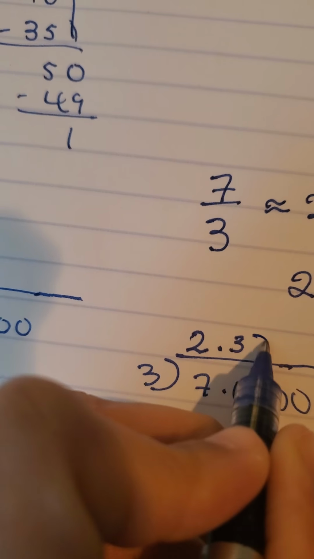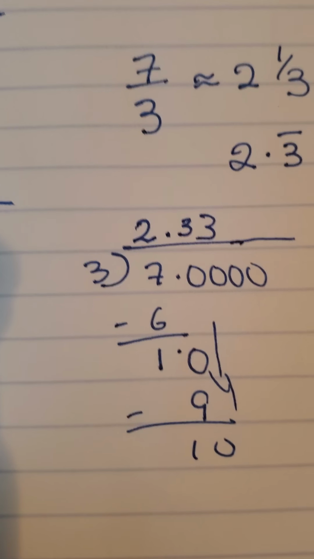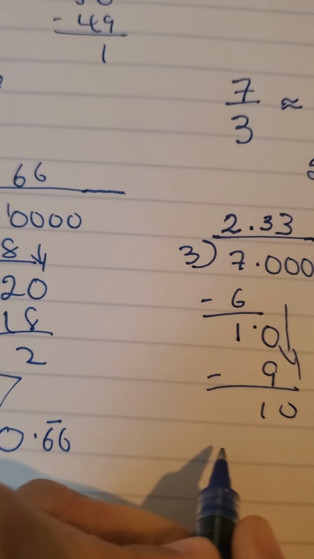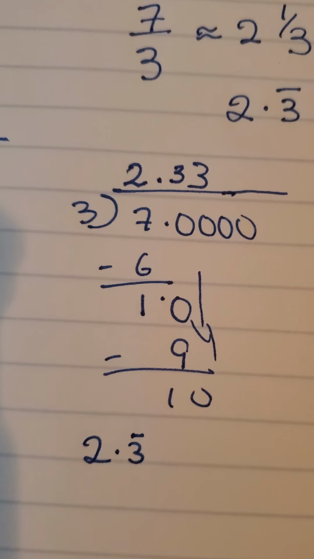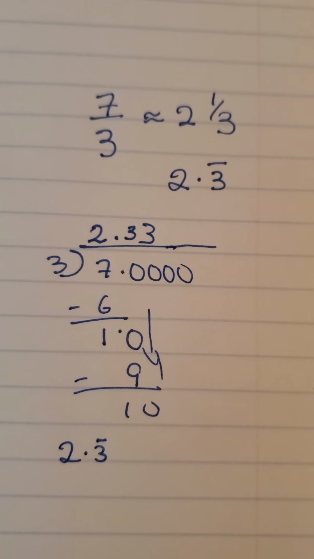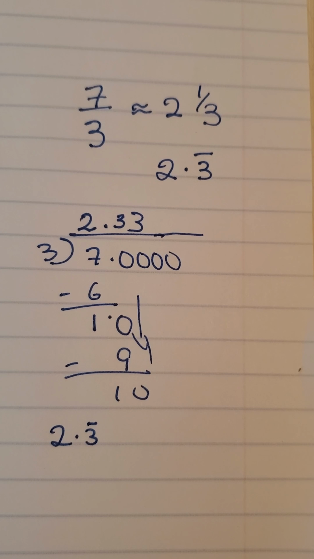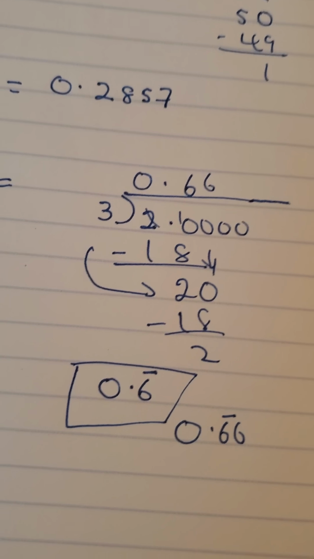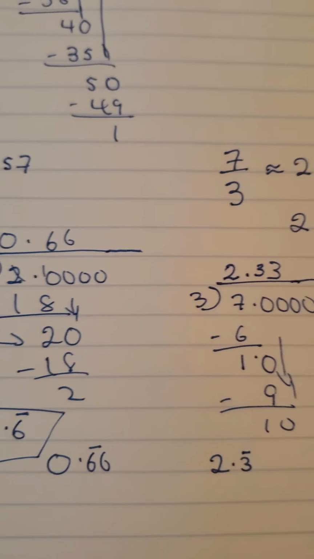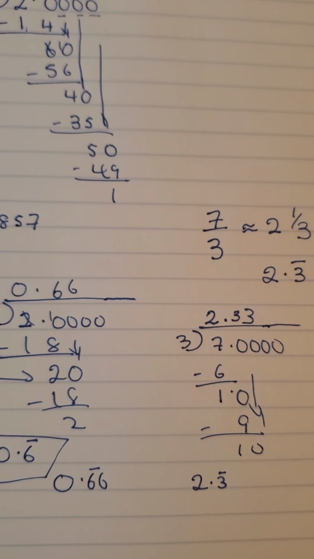We have 3, and then we see what's going to happen, right? So this is actually 2.3 bar. You see there are ways you can perform converting your fractions into decimals. All right, so that's nice, short and sweet. Have any questions? You know how to find me.